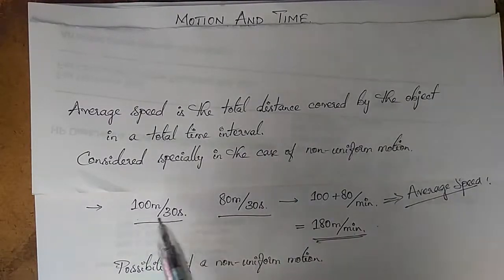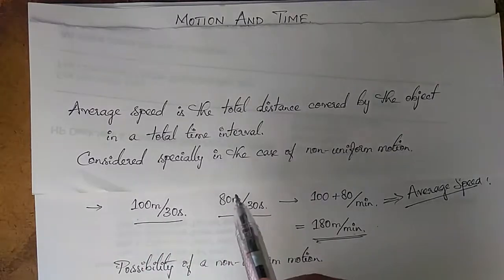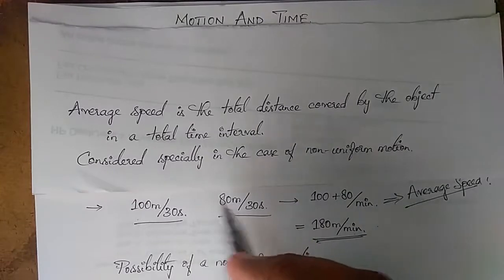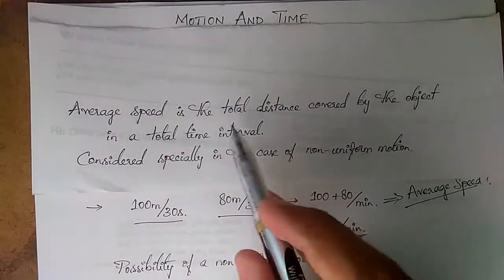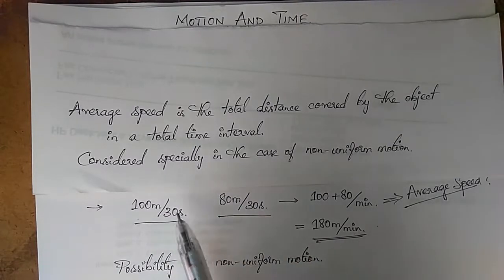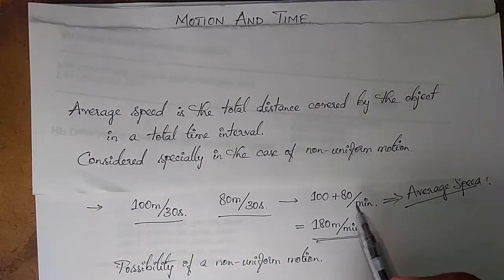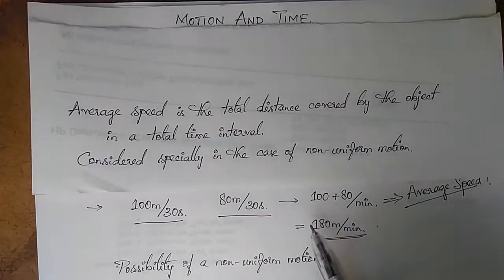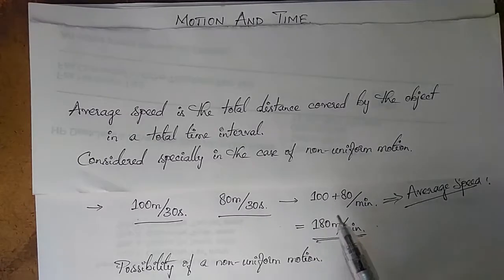So whenever there is a non-uniform motion, there are two speeds for the same motion. So we just took the total of both the distances, that is the total distance, and we added up both the time intervals, that is 30 seconds plus 30 seconds became a minute. So this is the average speed of the runner whenever he gets tired in the middle of a race.